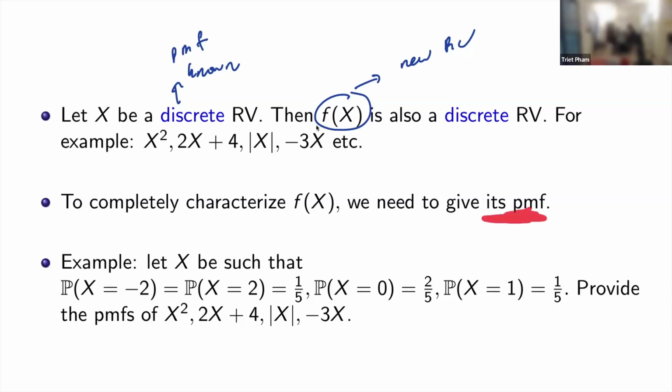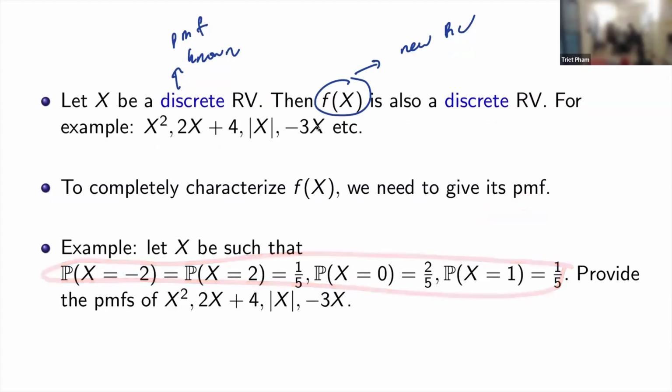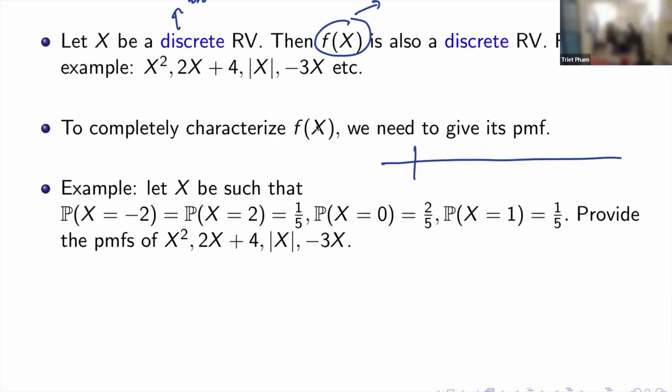All right, so for example, let's say this is the random variable. To make it on a table, we have -2, 0, 1, 2, and we have 1/5, 2/5, 1/5, 1/5.